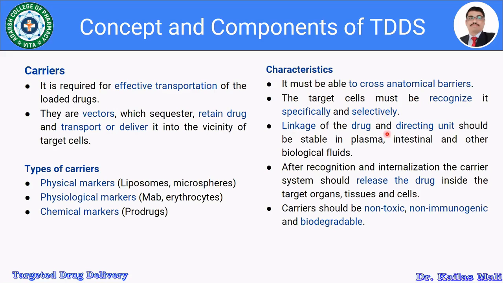The linkage of drug and directing unit should be stable in the plasma, intestinal and other biological fluids. So whatever the linkage between the drug and directing unit, it should be stable in the physiological environment. After recognition and internalization, the carrier system should release the drug inside the target organ, tissues or cells. And the carrier should be non-toxic, non-immunogenic and biodegradable. So this is about the carriers.